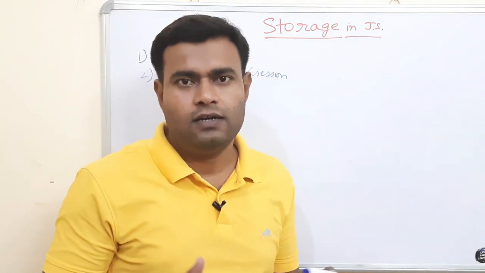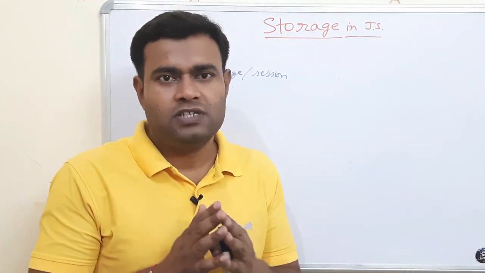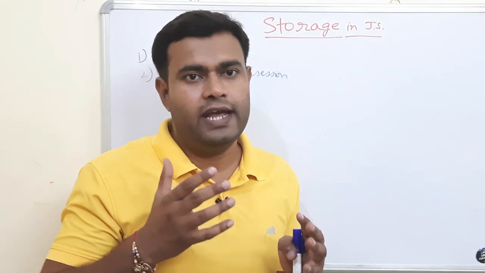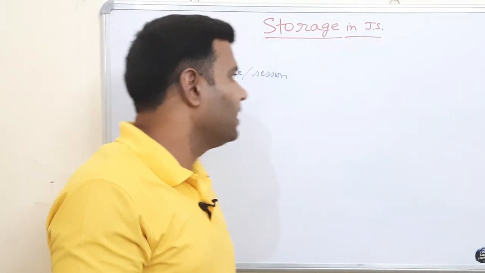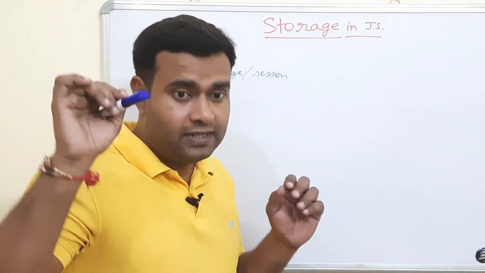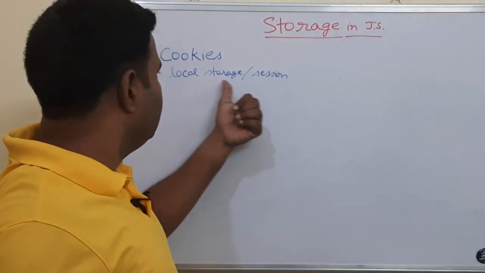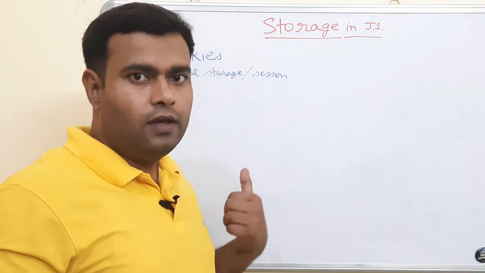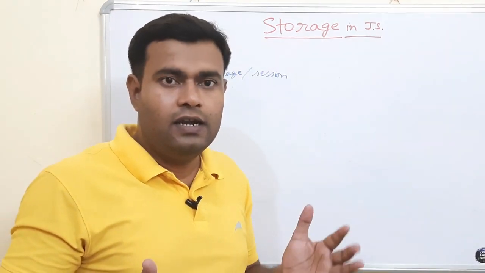Local storage is again a kind of storage, but it does not need to be sent in every request. In cookies, as you have understood, every time cookies have to be sent with each request, but this is not the case with session storage and local storage.